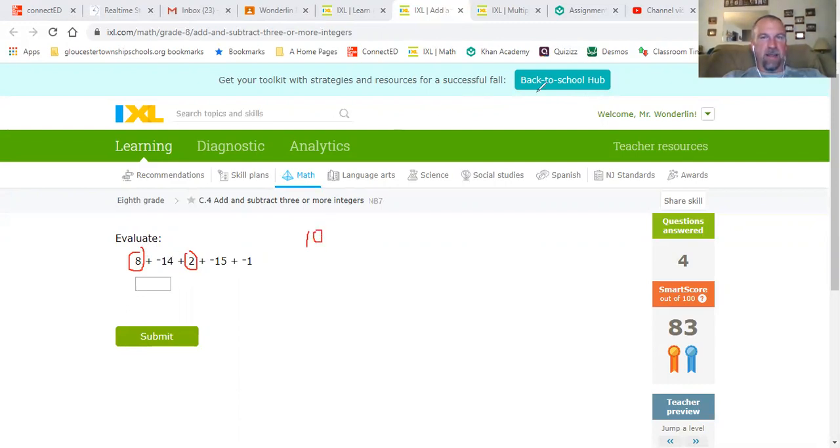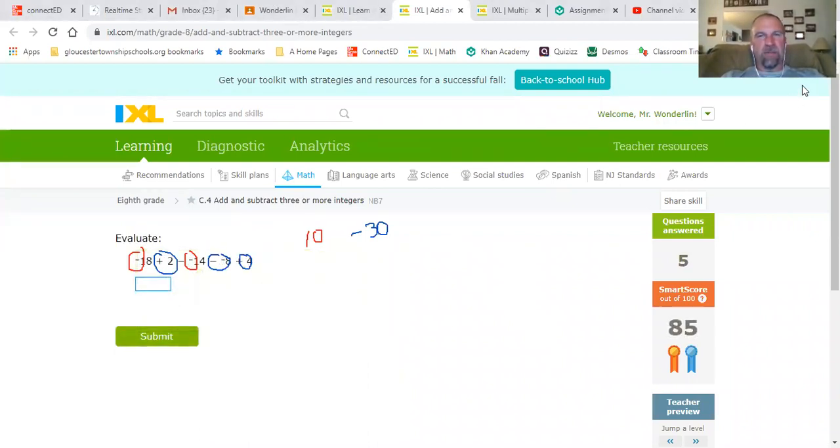The negative numbers are -14, -15, and -1. Add all of them together, 14, 15, and 1, and you get a total negative of negative 30. And now if I combine my positive 10 and my negative 30, my final answer is negative 20.